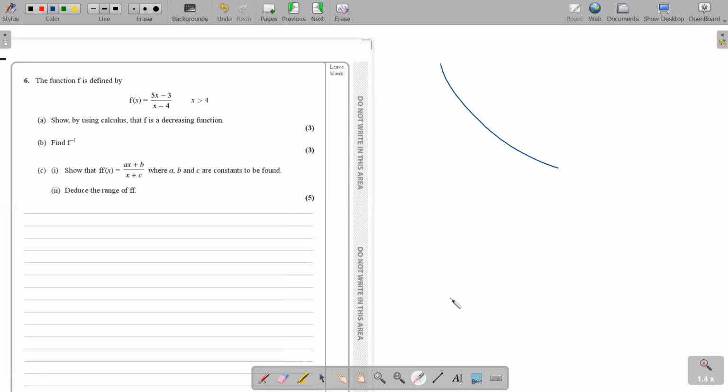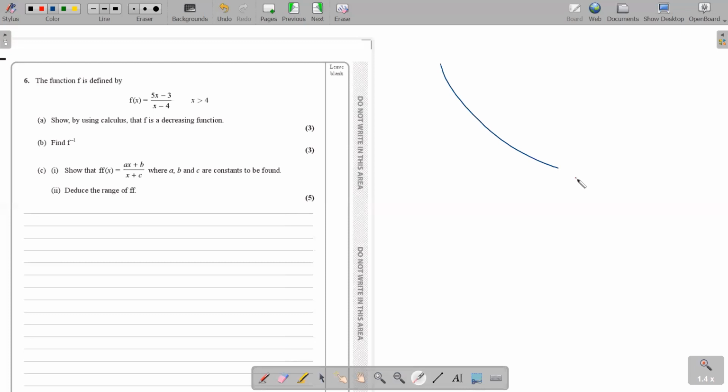What's the rule? If your y values are decreasing, it means you have a what gradient? We need to talk about the gradient. If your y values are decreasing, it means your gradient, your dy by dx, your f'(x) is negative. If your dy by dx or your f'(x) is positive, the positive gradient means your function is increasing.